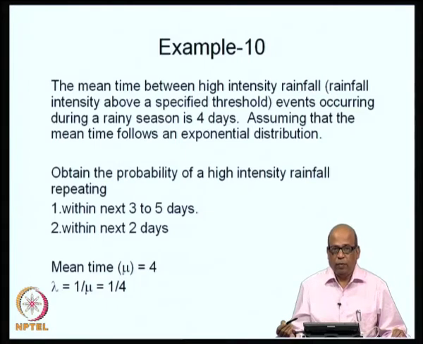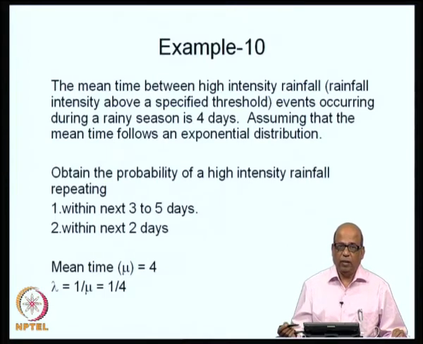This kind of applications come typically when we are dealing with urban flooding. Let us say we are interested in high intensity short duration rainfalls at a particular location, and we say that, let us say for example, whenever the intensity of rainfall exceeds 90 millimeters per day, then we call it a high intensity rainfall.